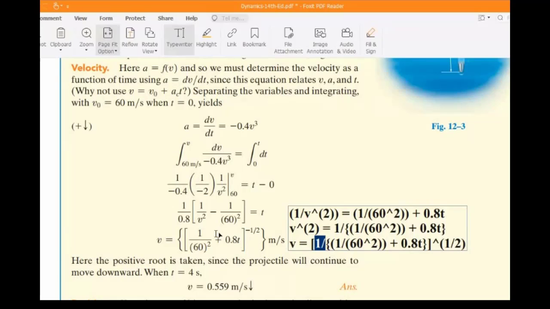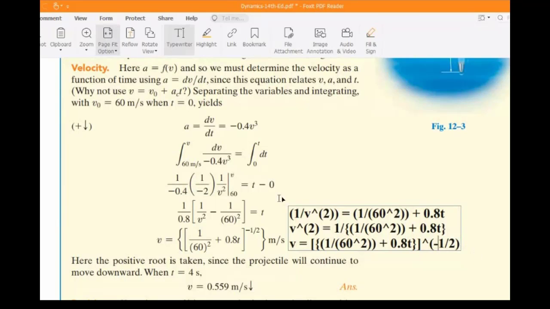If you write 1 divided by, then it's okay. If you don't want to write 1 divided by, then it becomes the other form. Is it okay now?